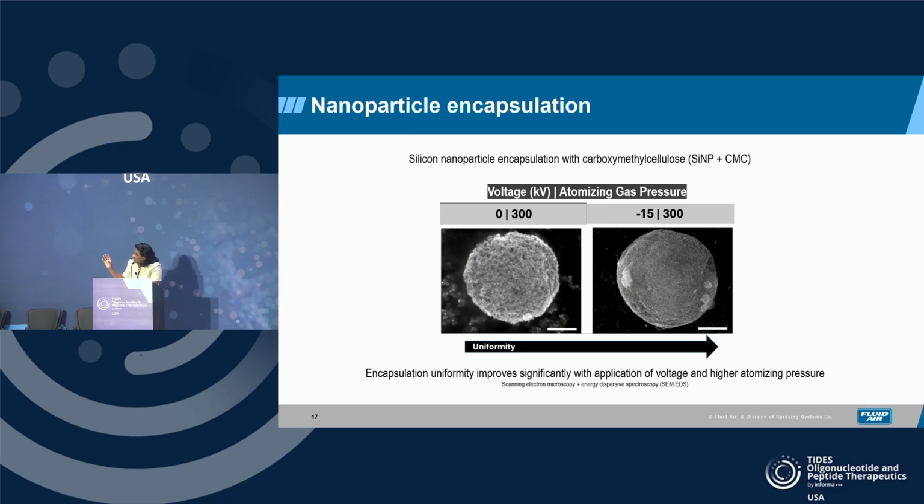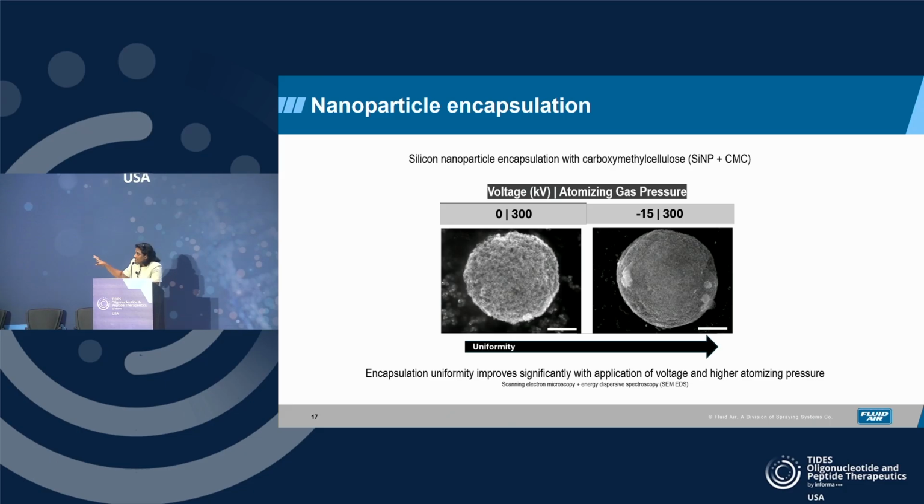So the image on the left is the nanoparticle coated with CMC without the electrostatics, spray drying without the electrostatics. And the image on the right is drying using the electrostatics. So you'd see the encapsulation is more efficient. CMC has encapsulated the nanoparticle more efficiently.